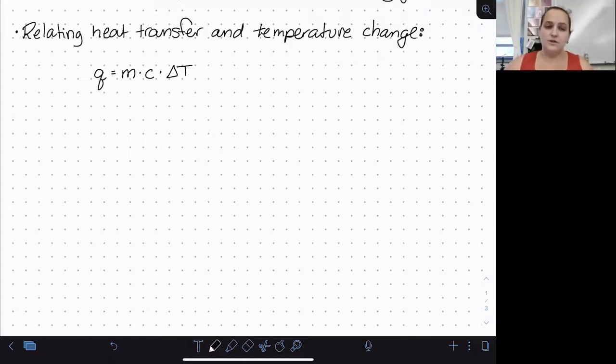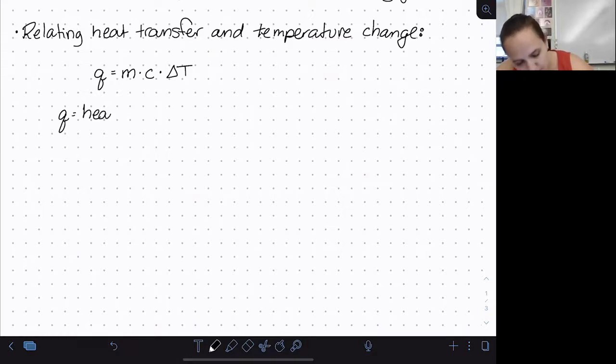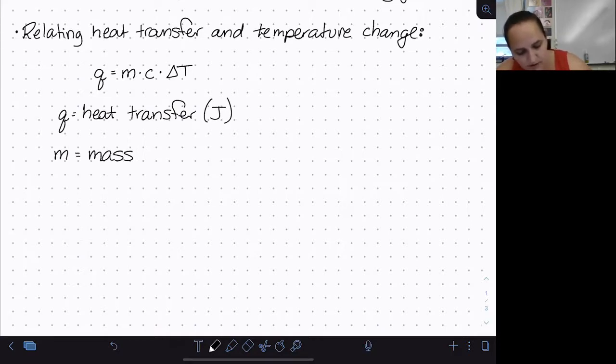The relationship is Q equals mc delta T, where Q, as we've mentioned before, is the heat transfer in units of joules. m is the mass of your substance in units of grams.